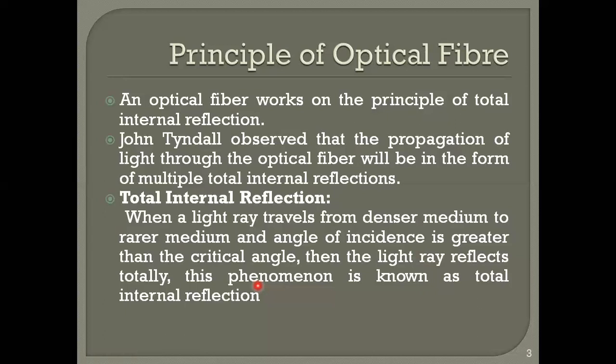So what are the prerequisites for that to occur? First, the light ray should travel from denser to rarer medium. Another is that the angle of incidence should be greater than the critical angle. If these two happen, then the phenomenon of total internal reflection takes place.